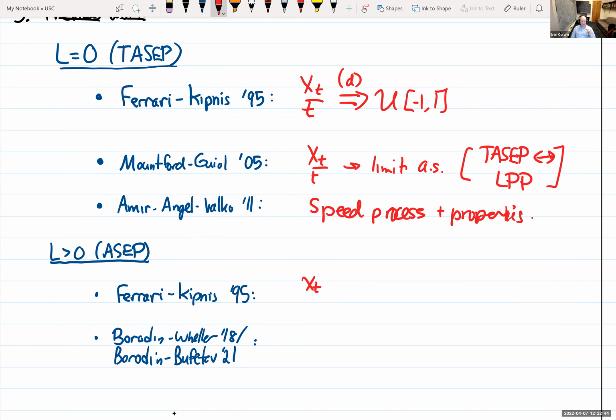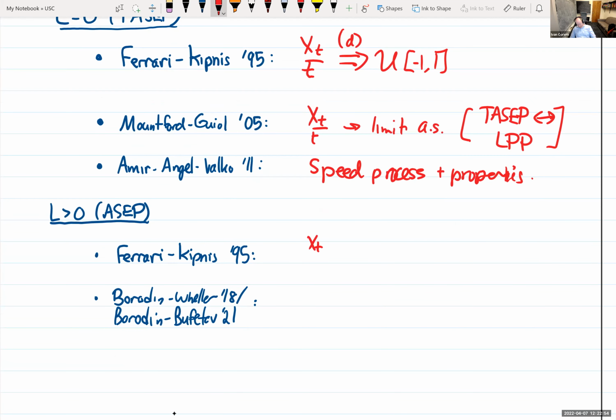It has different relations. The asymmetry actually affects the limiting speed process, I believe. Okay, so Ferrari and Kipnis showed this. They didn't deal with ASEP, but their method still works for ASEP, proving the distributional limit.